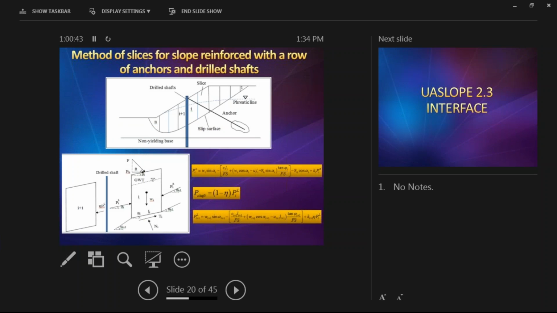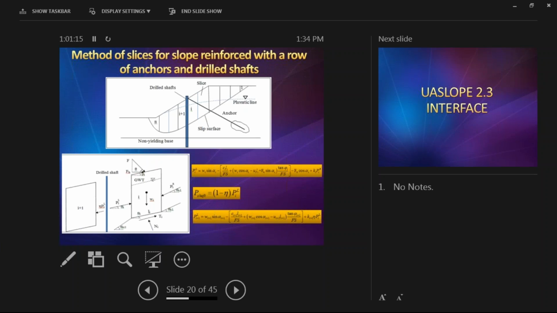So here's the schematic diagram showing what I mean by putting the drill shaft on the downslope side of the slide. You can see here. And of course, in our design, the anchor is going through the drill shaft if you have a drill shaft. Of course, if you do not have a drill shaft, then you do have a concrete block on the surface to serve as the anchor head reaction.